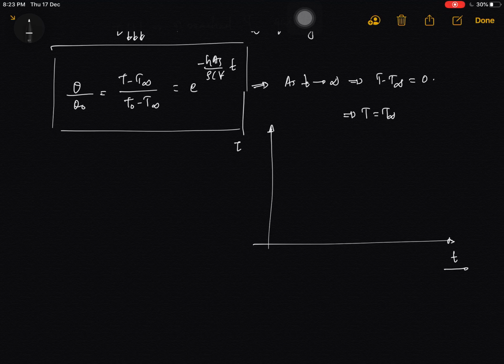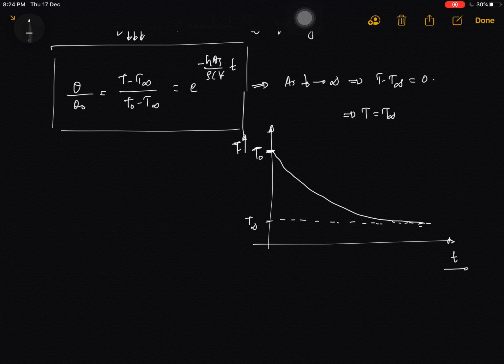And this can be represented graphically. This is the time t, and this axis is the temperature T. Suppose this is the point of the initial temperature of the body, and as time increases, the temperature will vary exponentially like this, and this is the temperature of the surrounding.